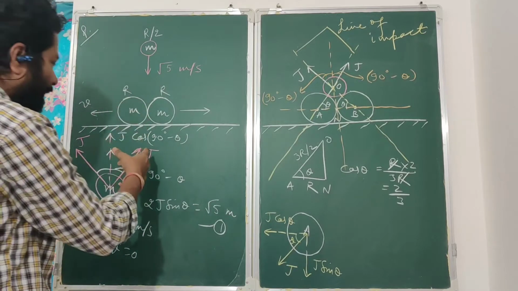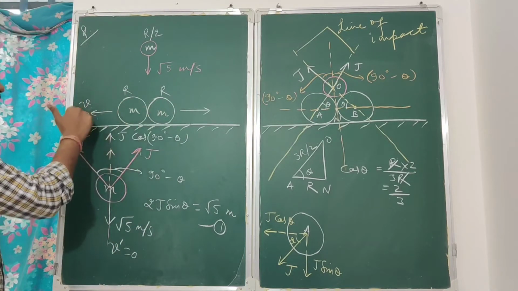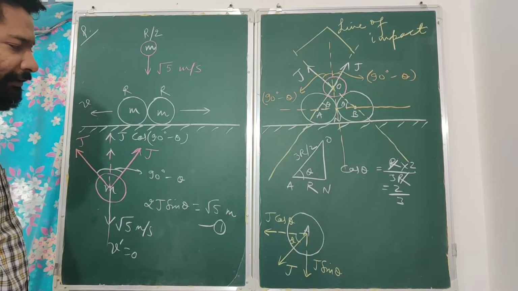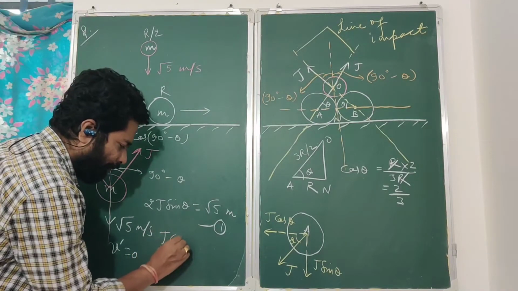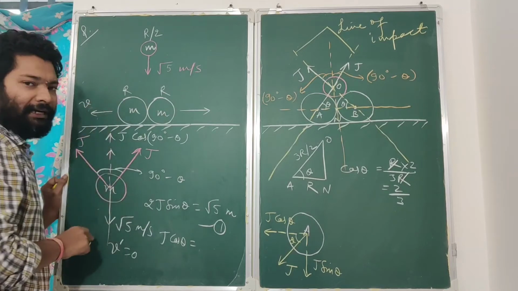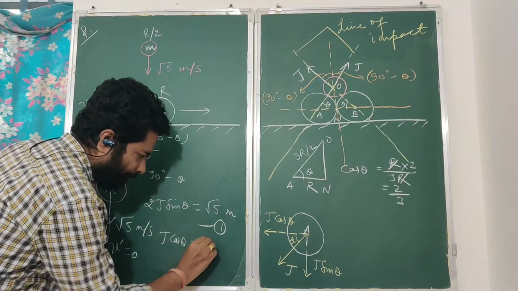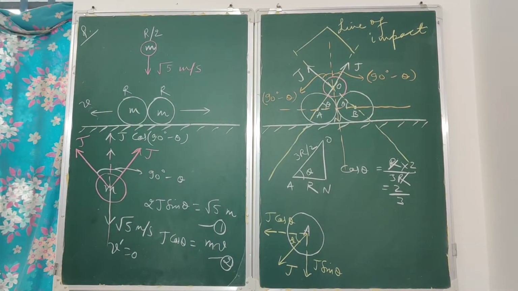Because it has been given in the question that these two balls are moving horizontally after collision with speed v, and initially these balls were at rest. So can I write my second equation, J cos theta? This impulse is causing a change in momentum in the horizontal direction, and that change in momentum is mv.